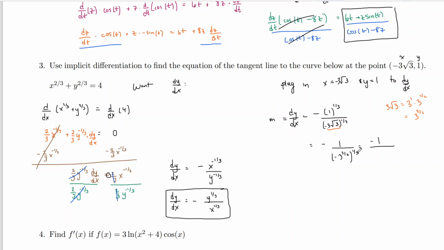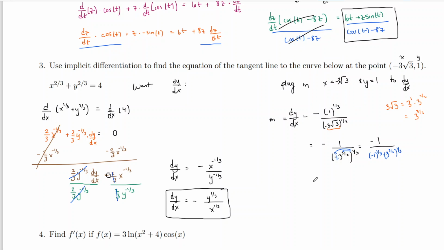Technically, you need to distribute the 1/3 power to each part. I know it doesn't look like much, but we technically have a negative 1 there, which is not being multiplied or raised to the 3/2 power. So you have negative 1 to the 1/3 times 3 to the 3/2, and then that's to the 1/3 power.